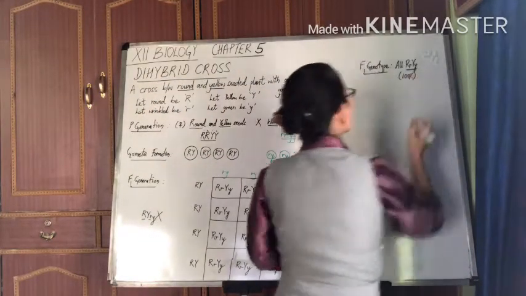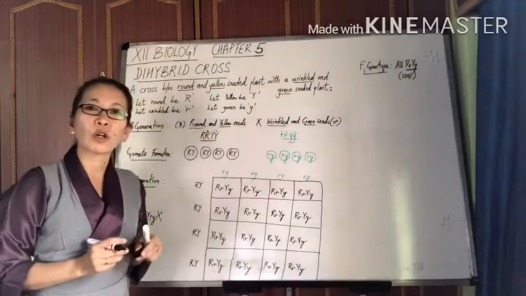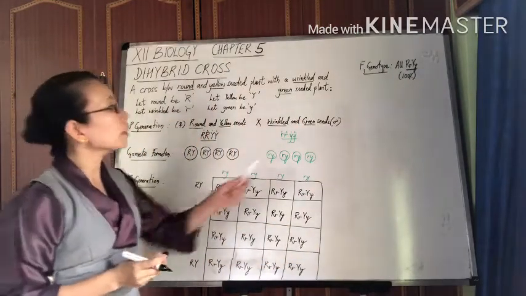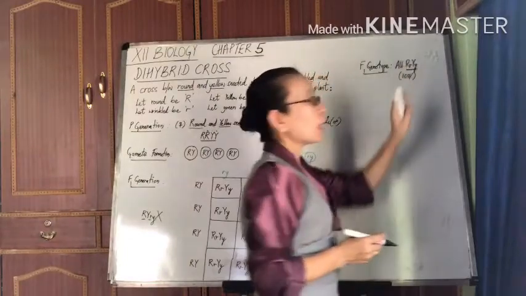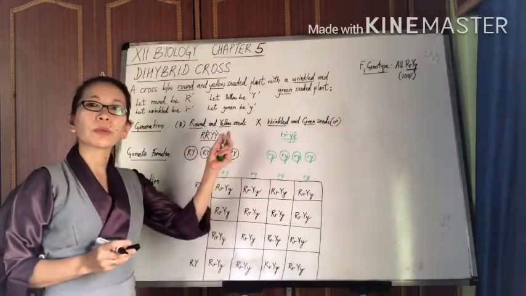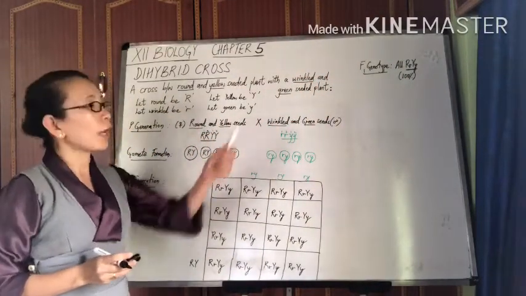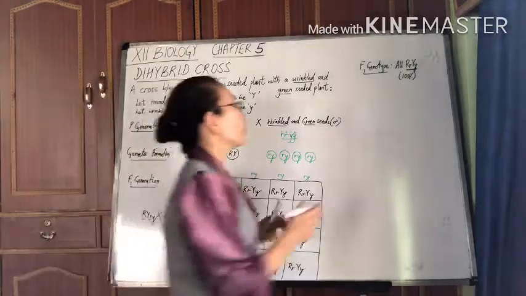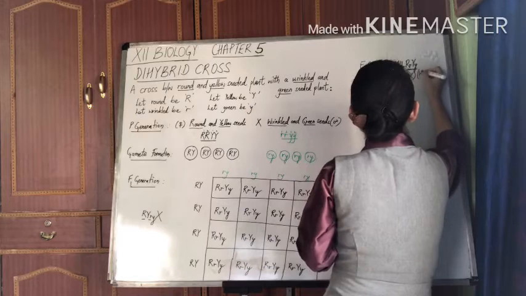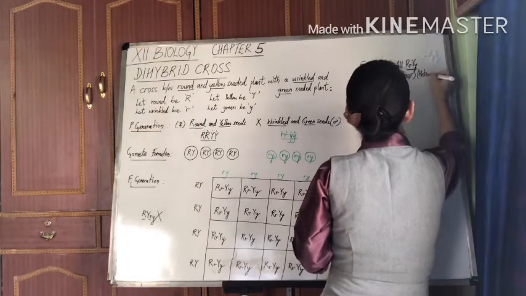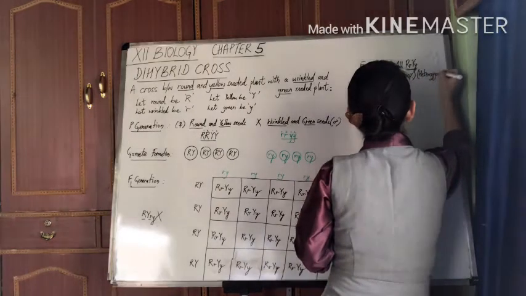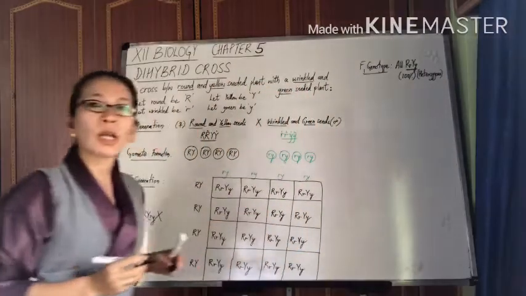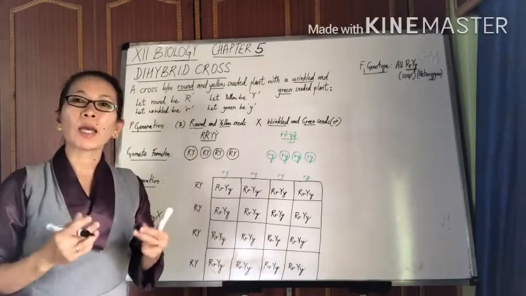And this genotype, as we know, is not homozygous, because the factors for round are capital R, small r, and the factors for yellow color are capital Y, small y. So it is heterozygous, and such plants are called dihybrid plants.